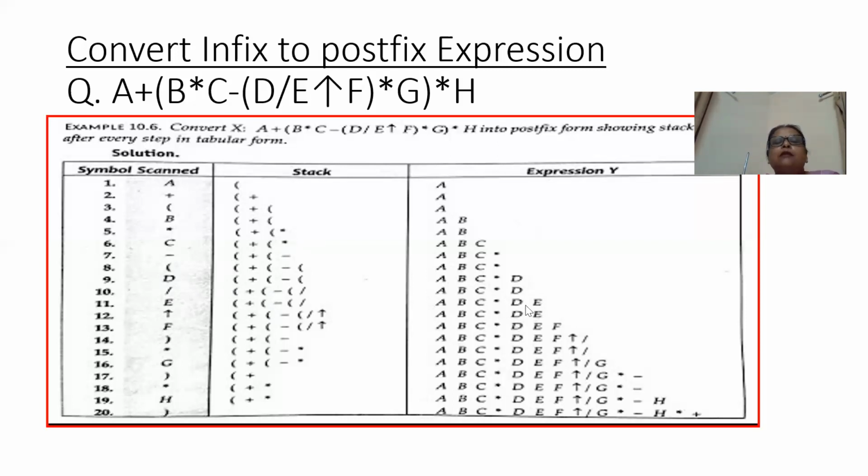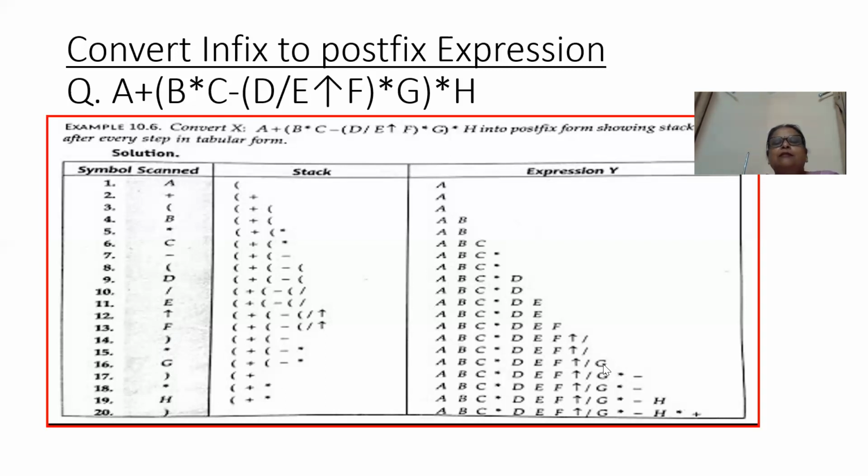E, append to the output; arrow, push onto the stack. F, append to the output; parenthesis close. It means pop the stack. The arrow sign comes first, then the divisor. Asterisk, push onto the stack, no problem because asterisk has higher precedence than minus.